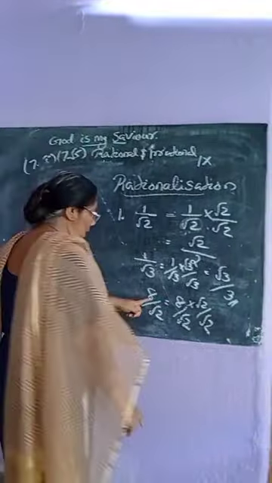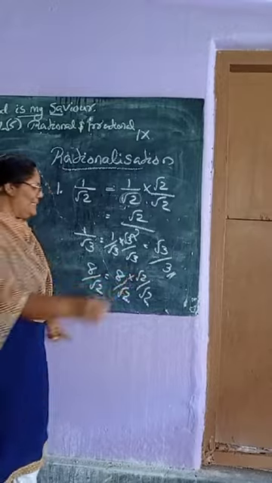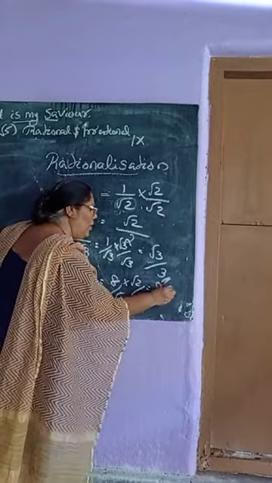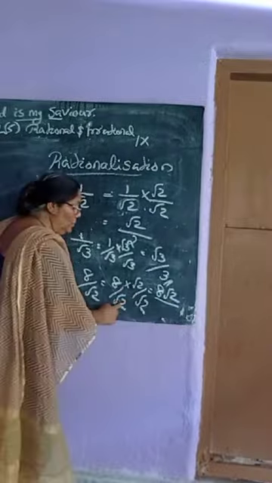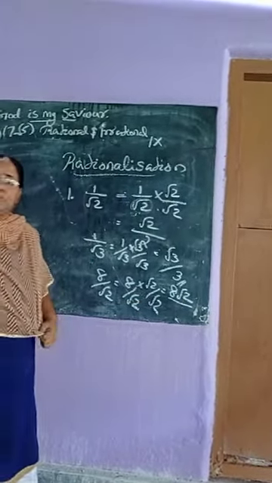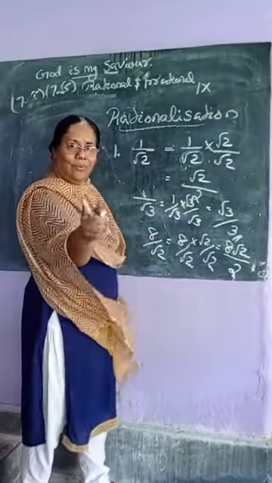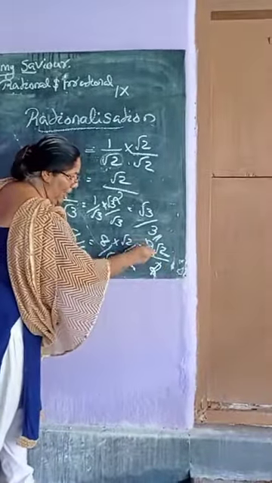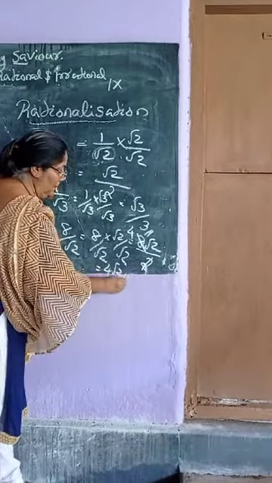What is 8 into root 2? 8 into root 2 is 8 root 2, no other way. By root 2 into root 2, which is 2. Now you can cancel this 2 and 8 to get 4. Therefore the final answer is 4 root 2.